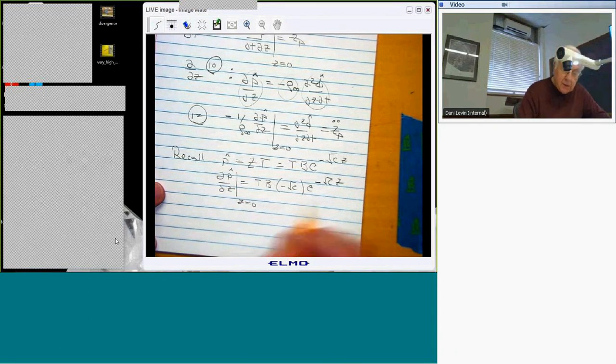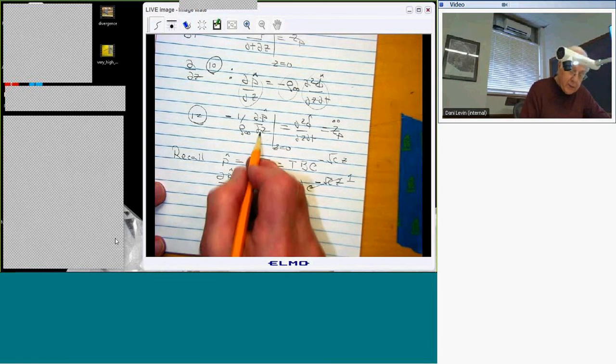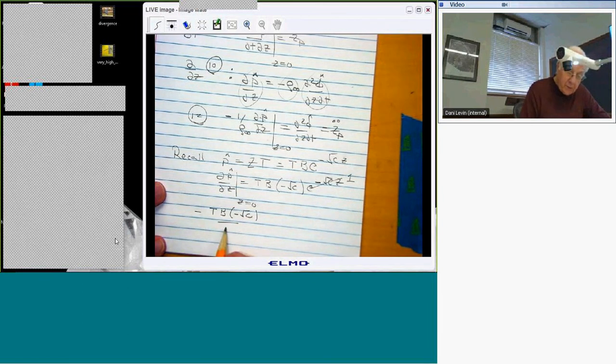So this goes to 1. And I have t b times minus the square root of c, that's it, I guess. And I get all this, and then I have a minus sign here, and I divide by rho infinity, and that's equal to z p double dot.